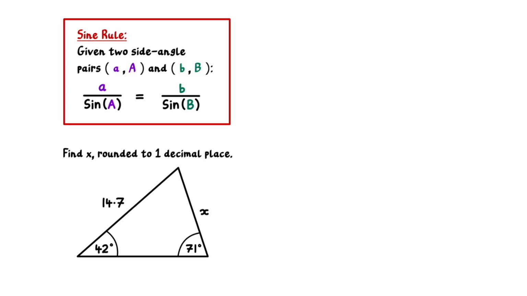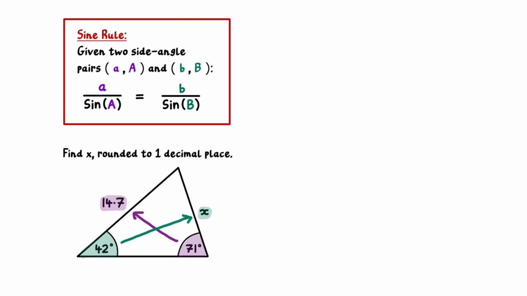In our first example, we have a triangle which contains angles of 42 degrees and 71 degrees. One side is labelled 14.7 and another side is labelled x. These four values form two side angle pairs. The 71 degrees pairs with the 14.7 and the 42 degrees pairs with the x.